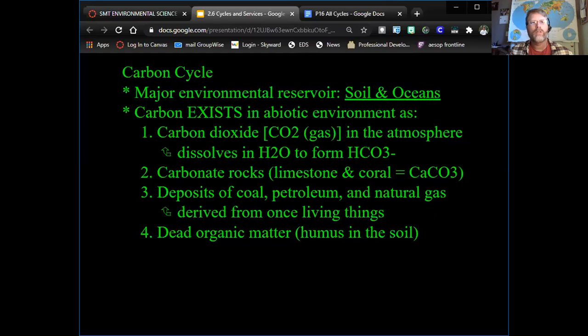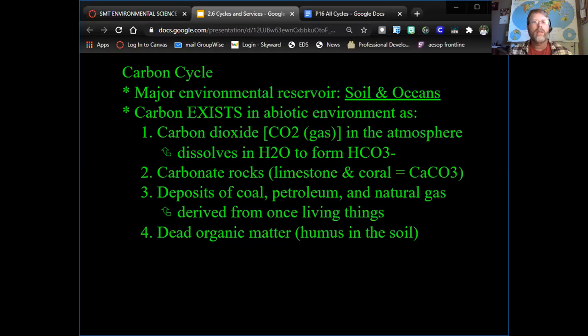It can then be dissolved into water, H2O, to form carbonic acid, or carbonate, hydrogen carbonate, HCO3. Okay, so once we have that carbonate in rocks, then we can get things like calcium carbonate, which is limestone and coral, also very similar to chalk.